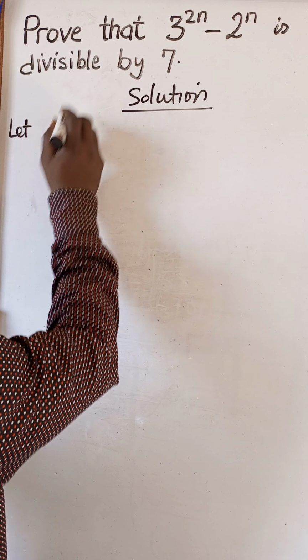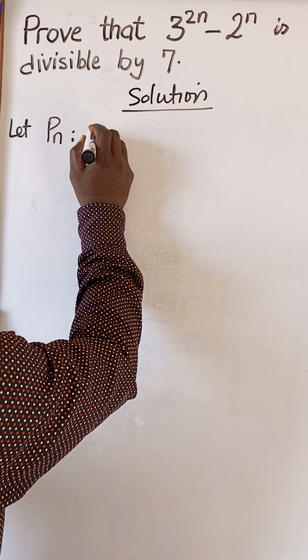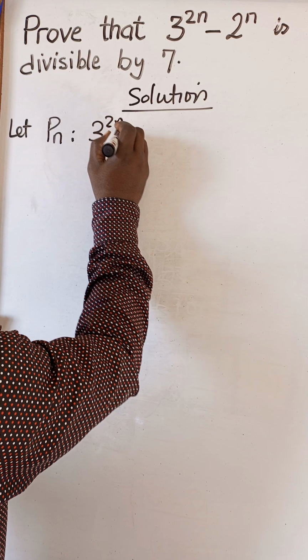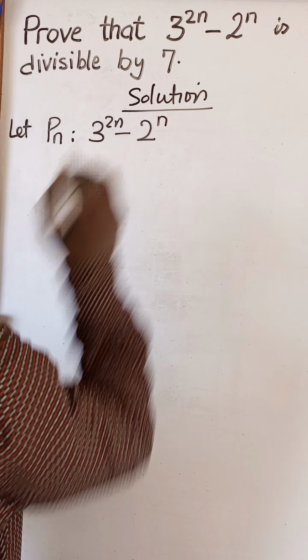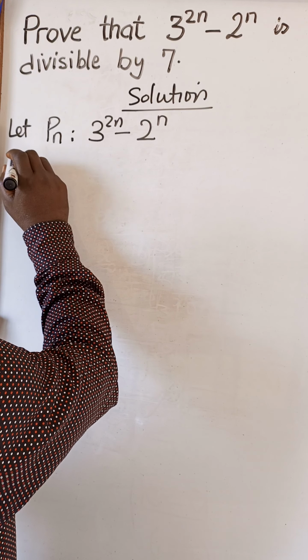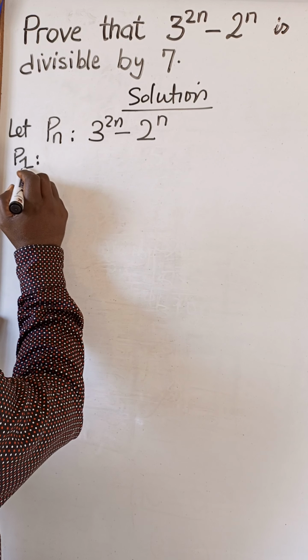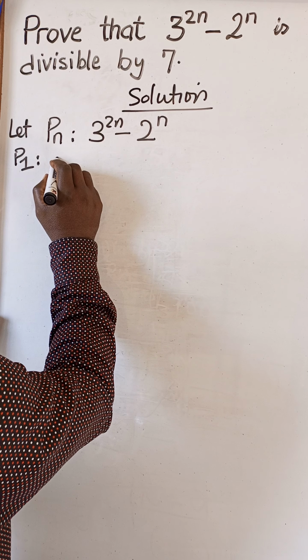So we let our statement that we want to prove be called Pn. Now let us check if P1 is true. What is P1? It simply means n gets the value 1.